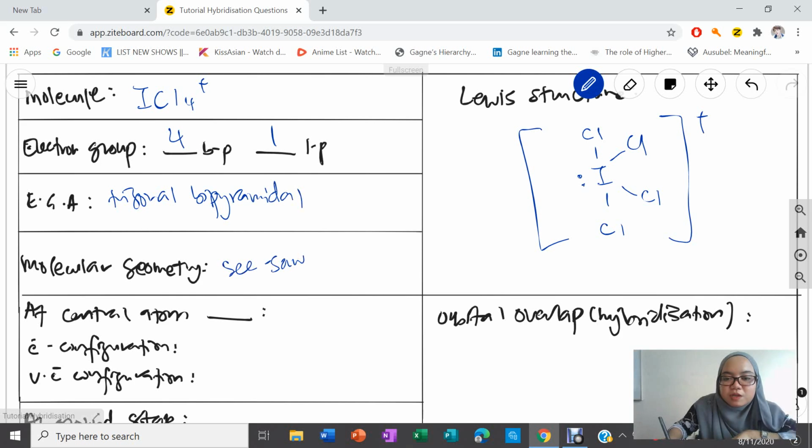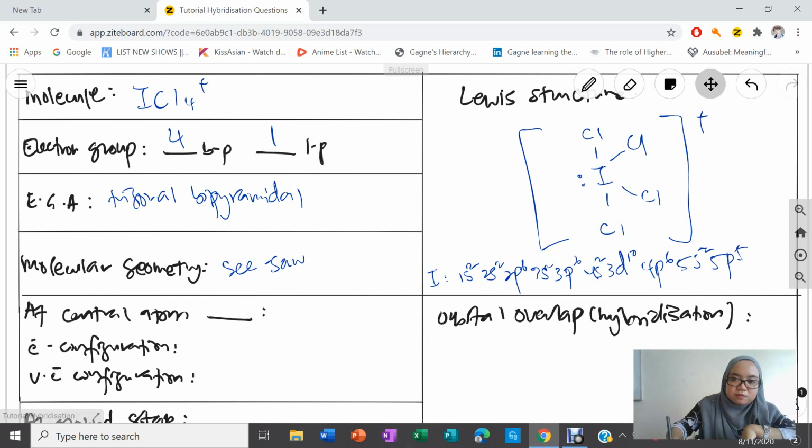So the electronic configuration for I is 1s2, 2s2, 2p6, 3s2, 3p6, 4s2, 3d10, 4p6, 5s2, 5p5.